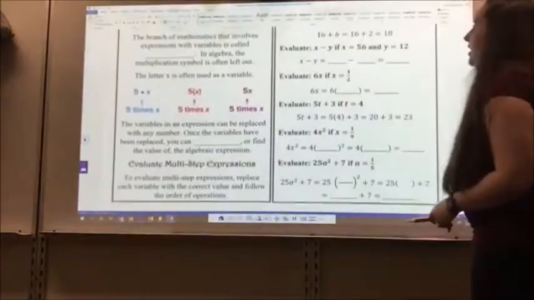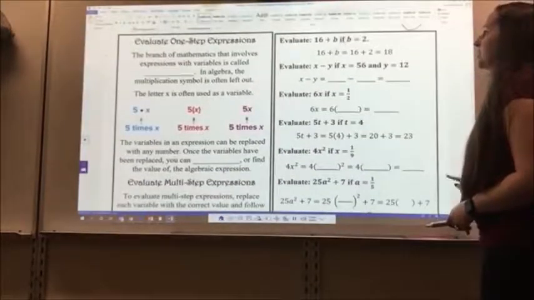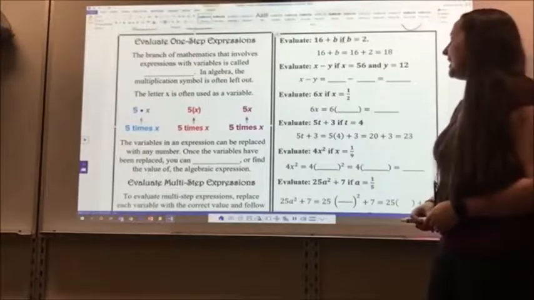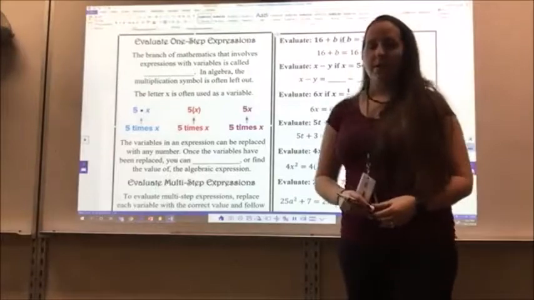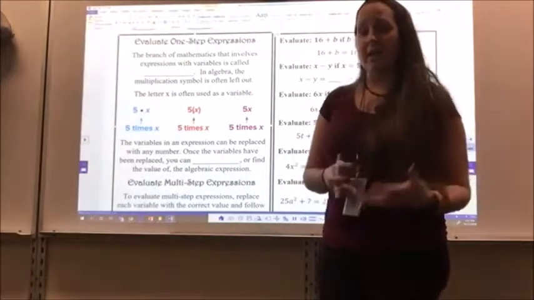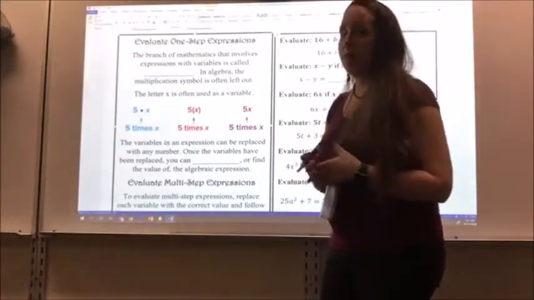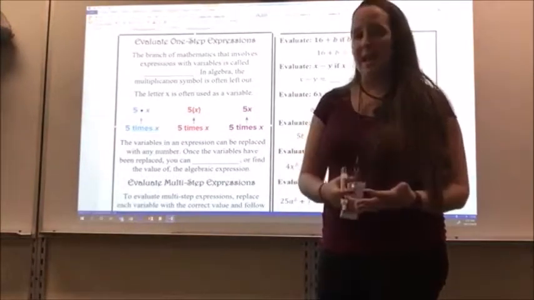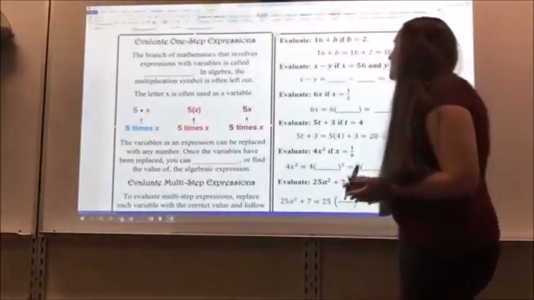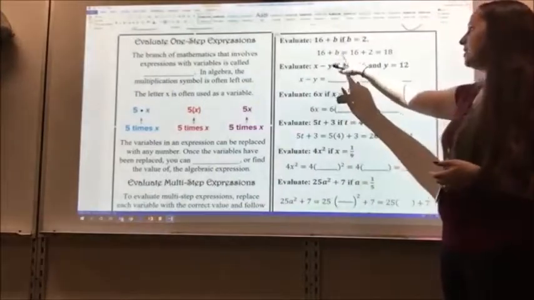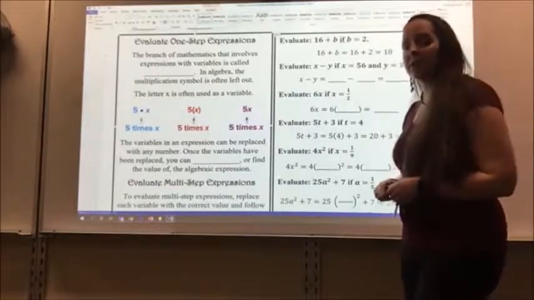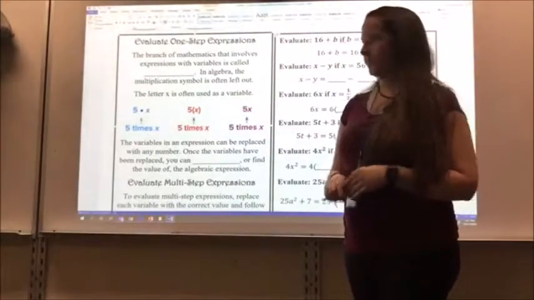So let's take a look at a couple of examples. My first example says to evaluate 16 plus b if b equals 2. So this is called substituting in for your variable. All I'm going to do is take 2 and substitute it in for the letter b. So 16 plus b becomes 16 plus 2, and 16 plus 2 equals 18.